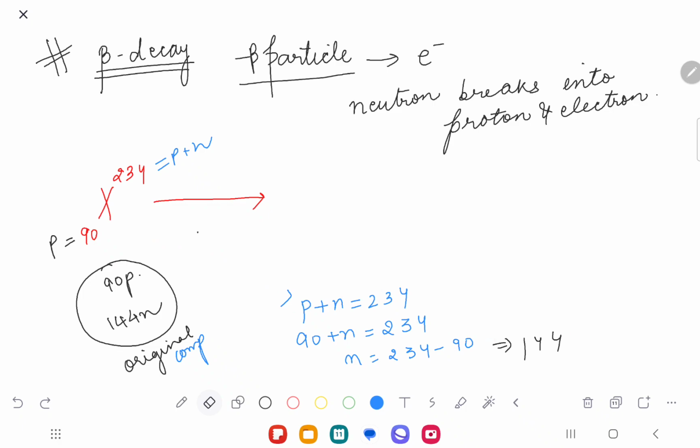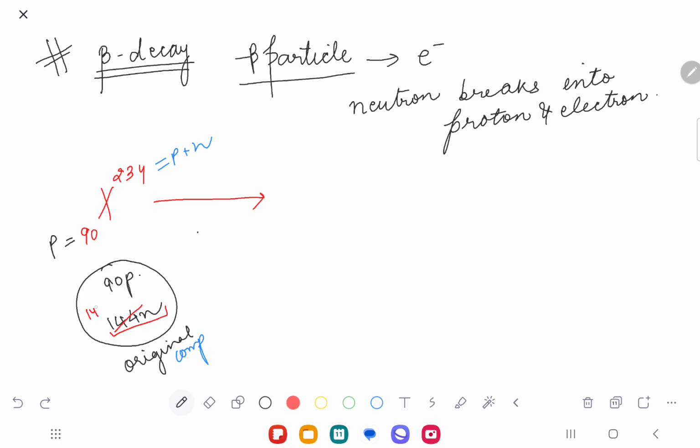When a neutron breaks, let's suppose out of 144 neutrons, one neutron breaks. Now when one neutron is broken down, I will be left with 143 neutrons. And that one neutron has broken down into proton plus electron.